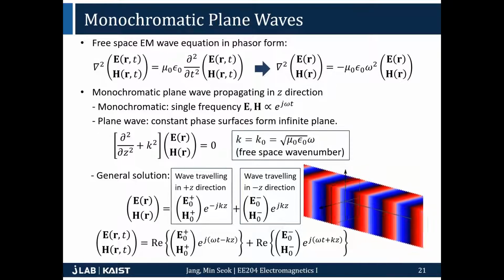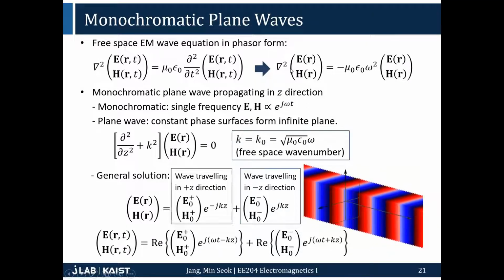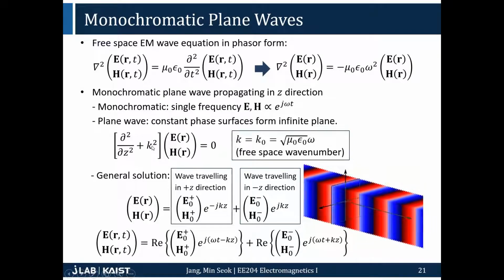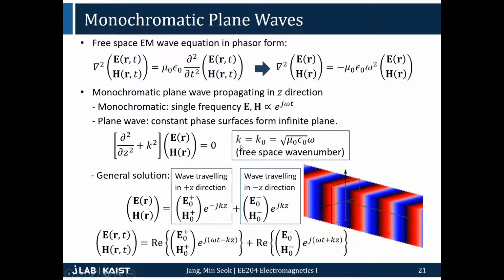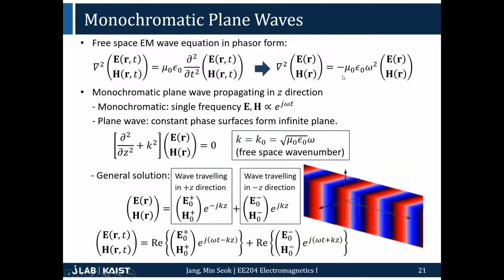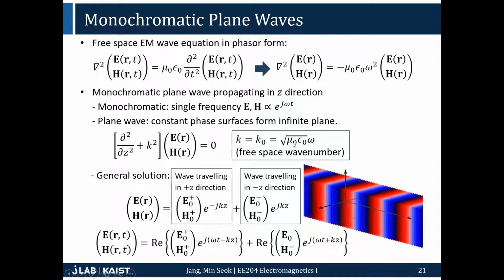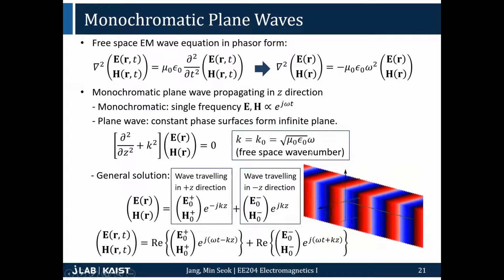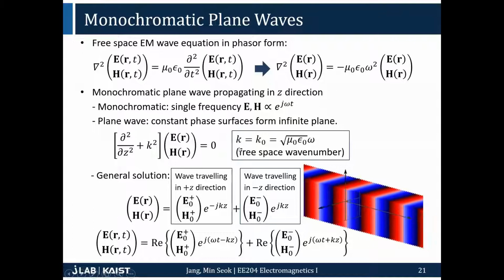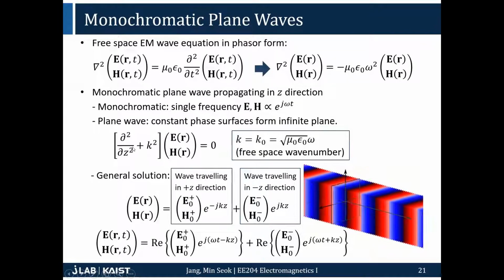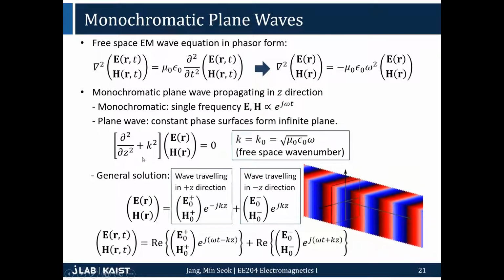So for plane waves propagating along z, this equation can be further reduced to this. Very convenient. We also define k as the square root of epsilon 0, mu 0, omega squared. This is called the free space wave number. Why it is called that, you will get to know soon. Now you have this equation, and everyone knows the solution, right?